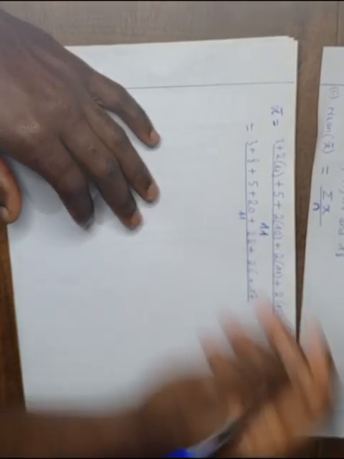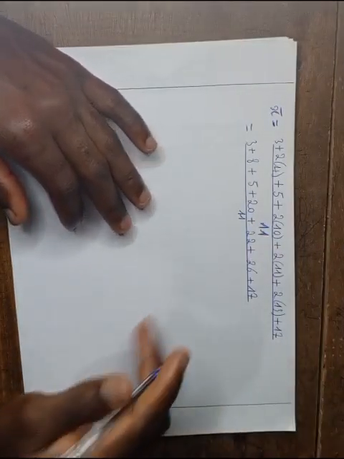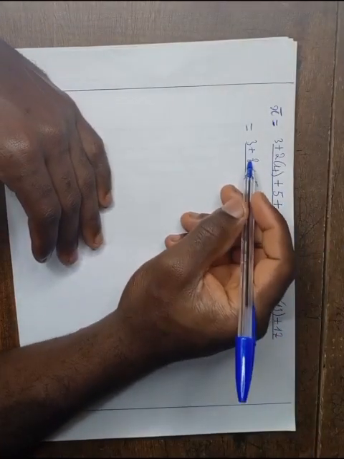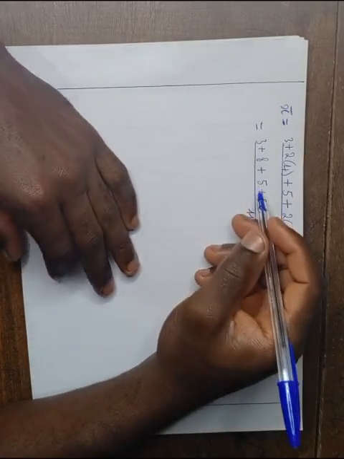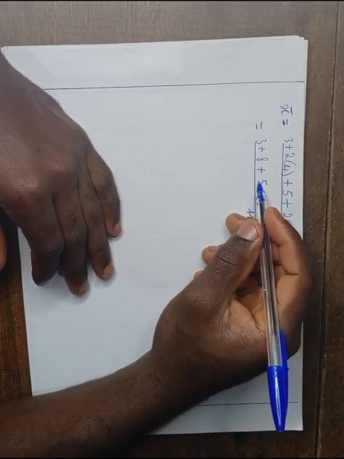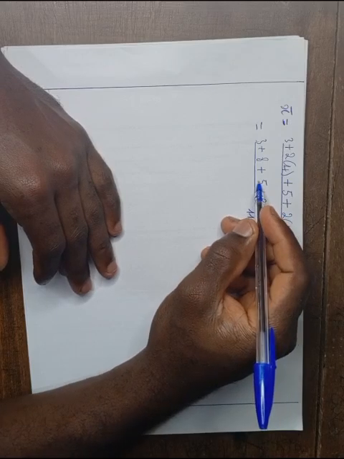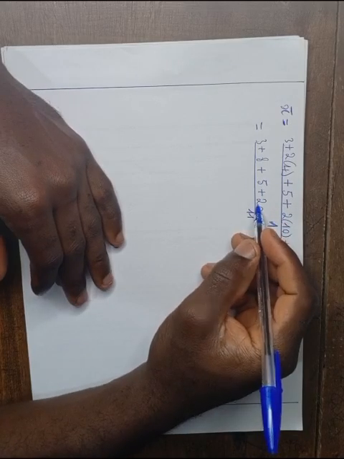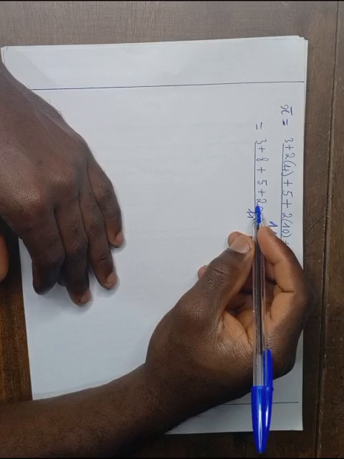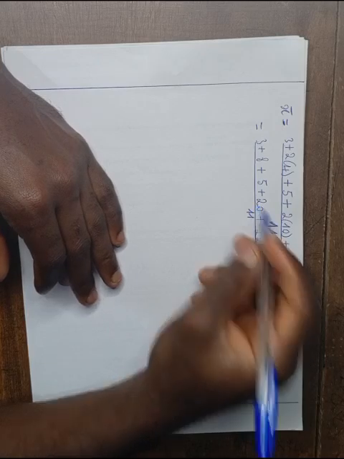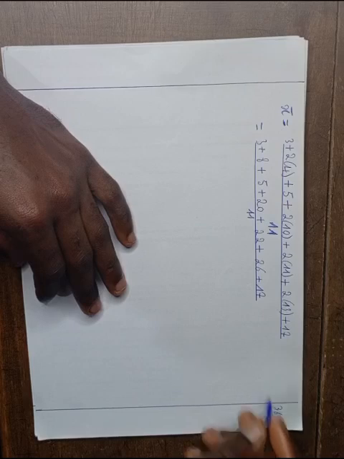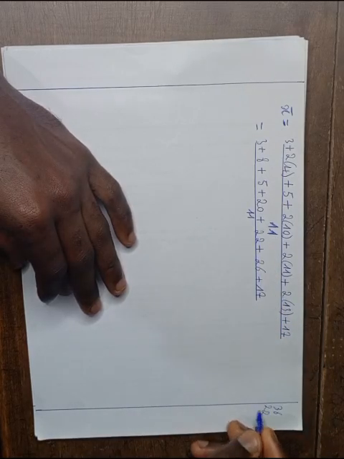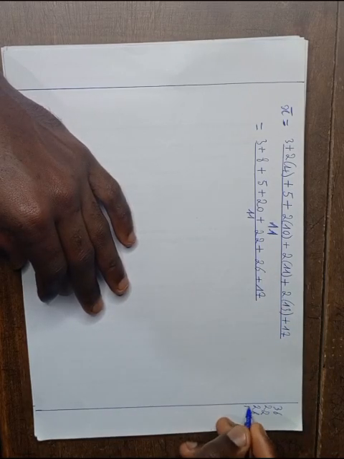Which will be equal to, if we take 3 plus 8, that gives us 11. 11 plus 5 gives us 16, 16 plus 20 gives us 36, 36 plus 22 plus 26 plus 17.